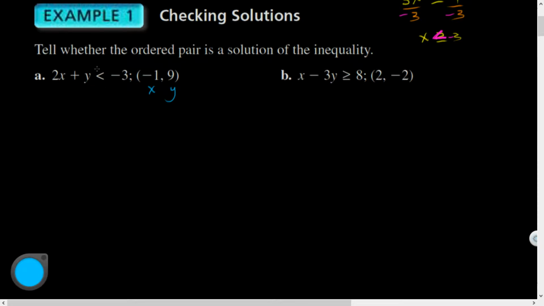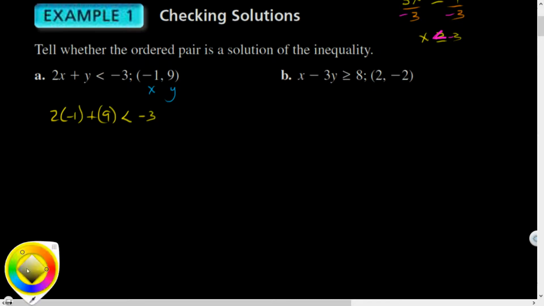What's going to happen is we're going to check to see whether or not the left side is less than the right side. So let's plug in those values for x and y. So I'll have 2 times negative 1 plus y is now 9. I'll throw parentheses there just for funsies. Is that less than negative 3? That's the question mark that I'm asking. I'm checking, trying to determine whether or not that is true.